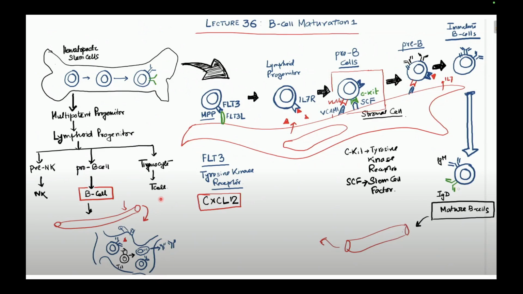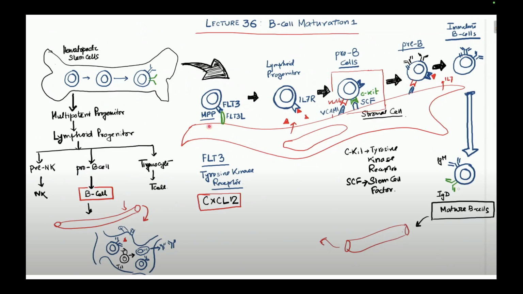Okay, so if we start from the very beginning, we start with the multipotent progenitor cells, as I have mentioned. These multipotent progenitor cells have a surface receptor called FLT3. There are stromal cells present in the surrounding bone marrow, and these stromal cells have the ligand against the receptor, which is the FLT3 ligand.